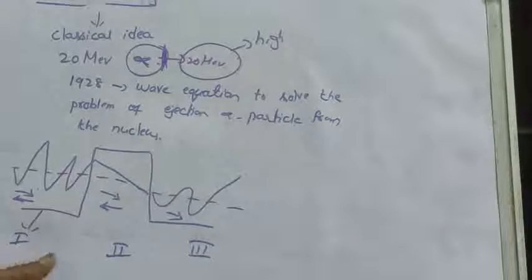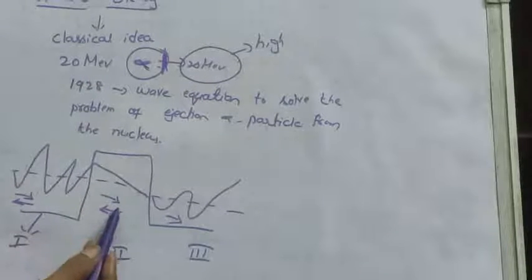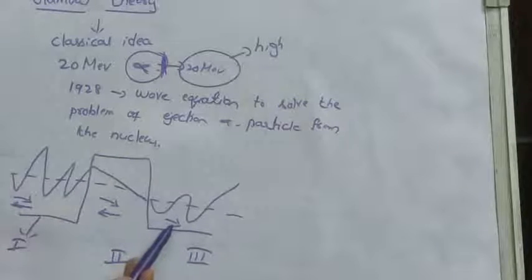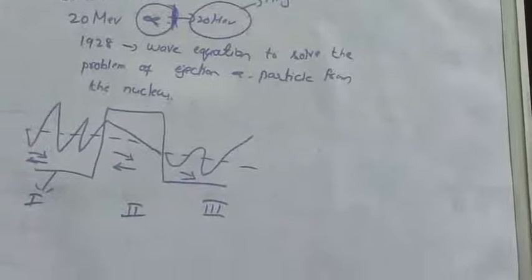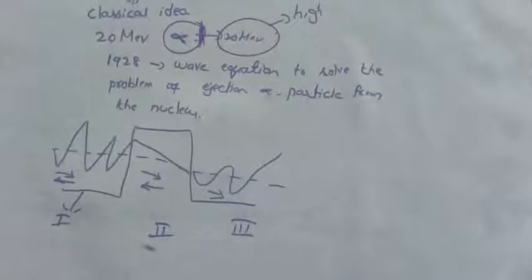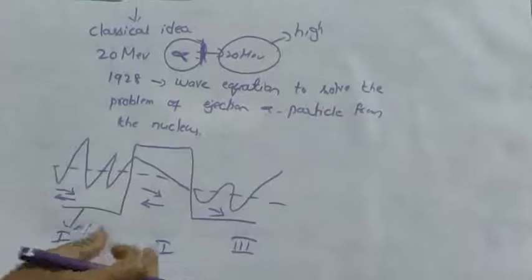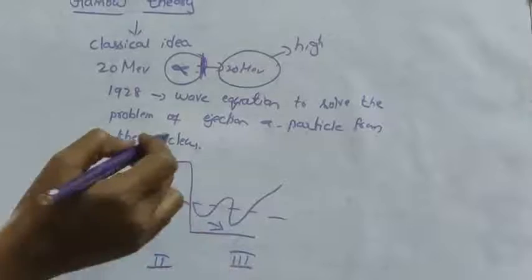By using this diagram, three regions are present. In the first region, incidence and reflection of the wave take place; in the second, transmittance and reflection take place; and in the third region, only transmittance takes place. Now, he applied the Schrodinger wave equation for region 1, region 2 and region 3. According to Gamow, region 1 and region 3 are similar, whereas region 2 is different.